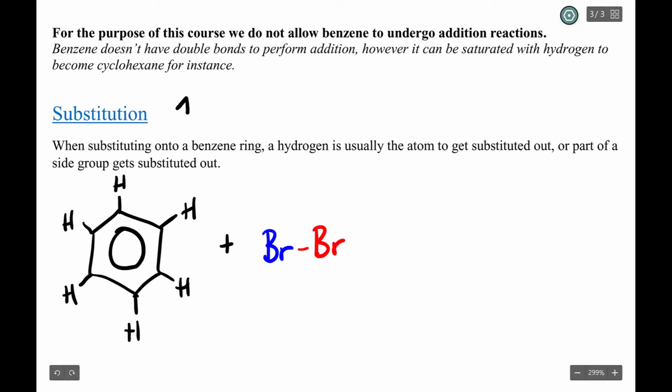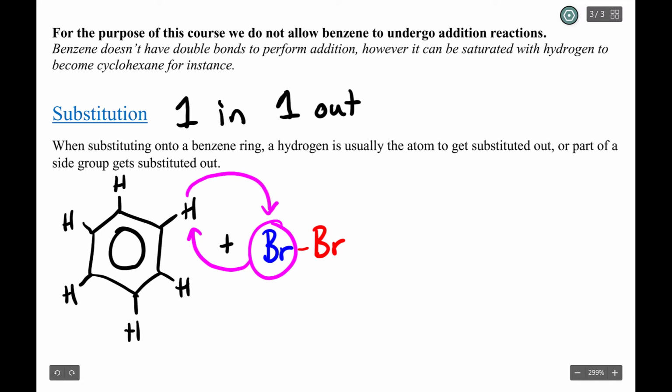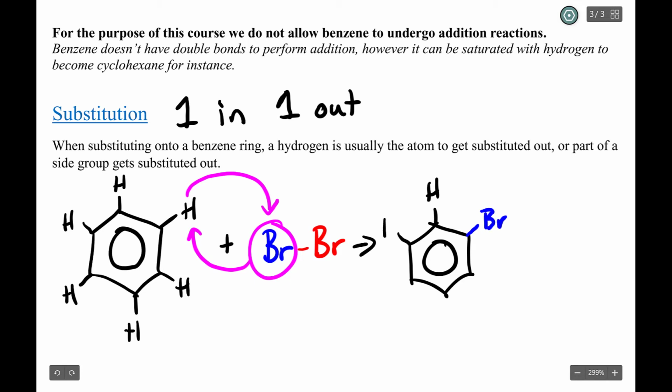Remember, with substitution, we're really talking about one thing goes in, one thing goes out. So one of the Brs moves in and one of them moves out. For instance, maybe this Br replaces this hydrogen like this, and so we end up with a benzene ring still. We just happen to have a Br there in replacement of one of the hydrogens.